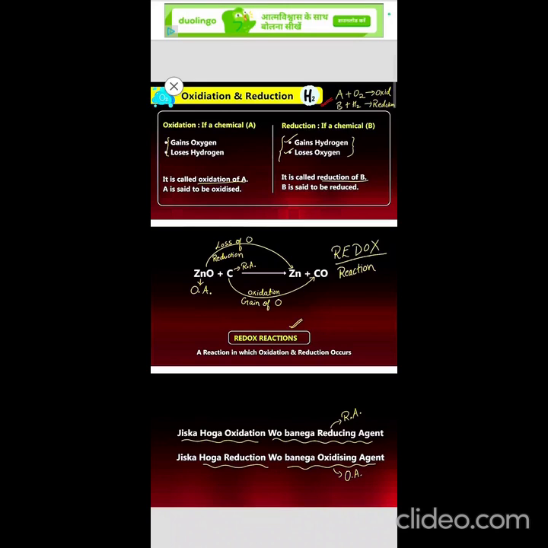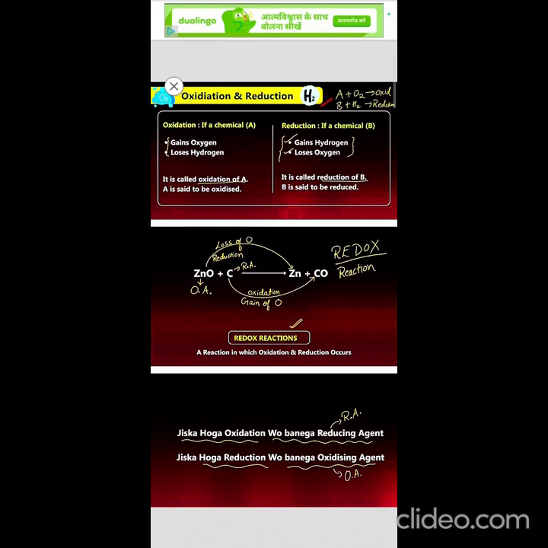Here ZnO, zinc oxide, is reduced to zinc. That's why zinc oxide, ZnO, is an oxidizing agent. Very simple. The substance which is reduced, whose reduction occurs, is known as the oxidizing agent.